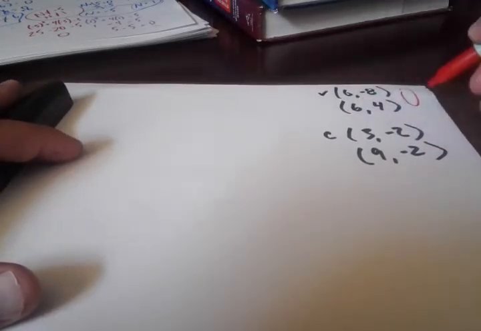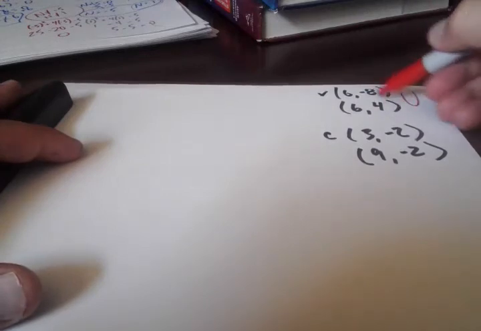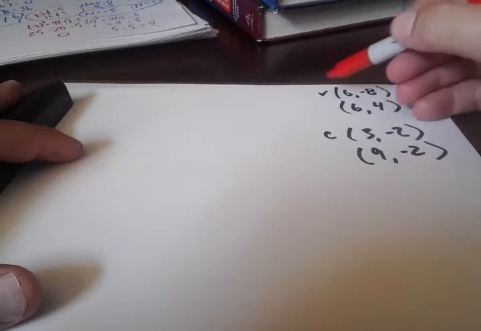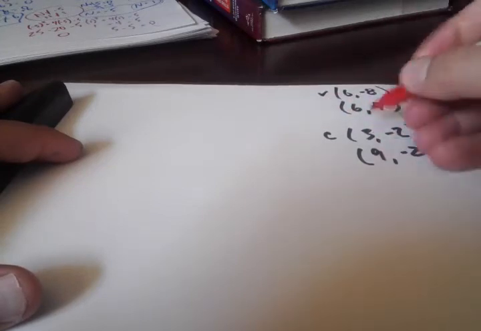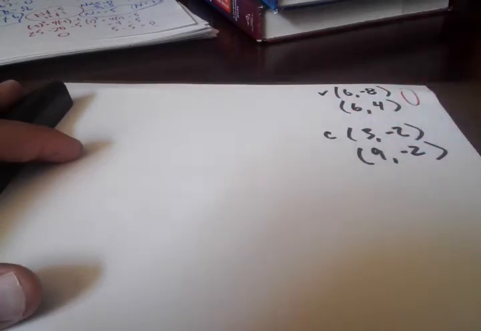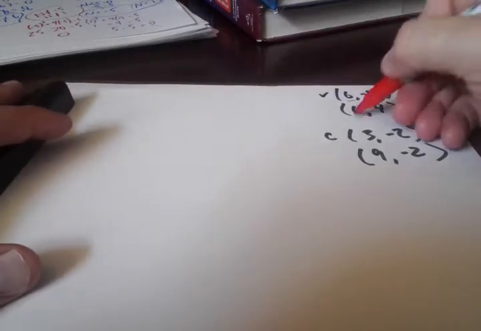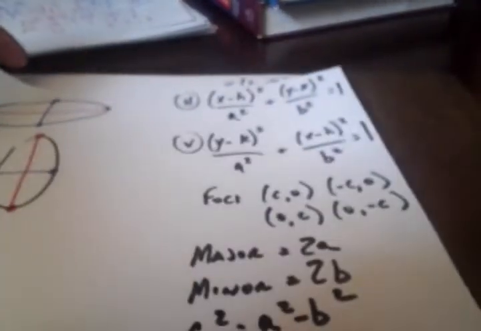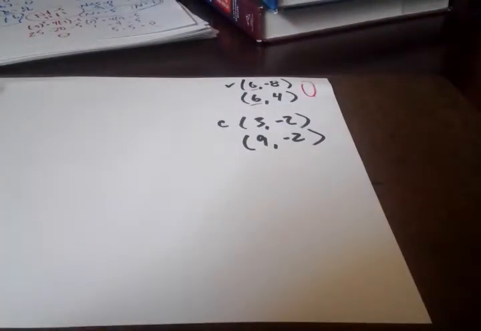So if the x's are the same in the vertices, it's vertical. If the y's are the same in the vertices, it would be horizontal. Now the co-vertices, the x's would be the same for horizontal. All right, so remember, if you see x being the same, it's vertical, which is important because it's going to tell us how we write our answer. All right, so we'll come back to that in a second.